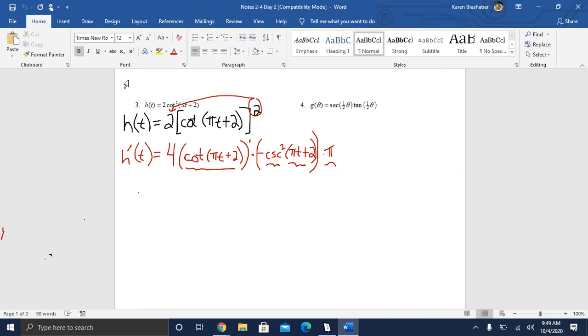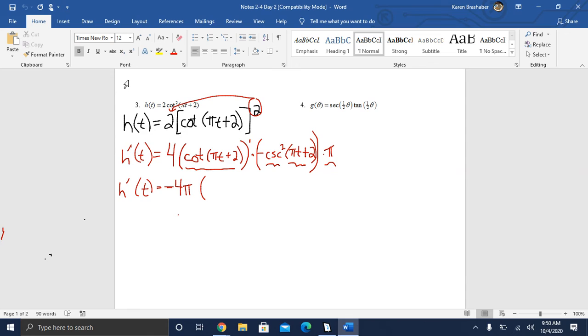So just a tiny amount of simplifying. And by simplifying, mostly I just mean rewriting it. So h prime of t would equal, we could make it, actually negative 4 pi, and then just have your 2 trig functions.